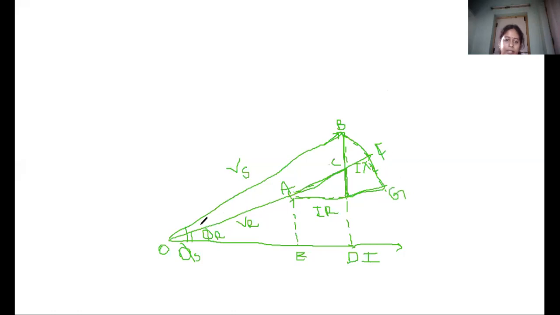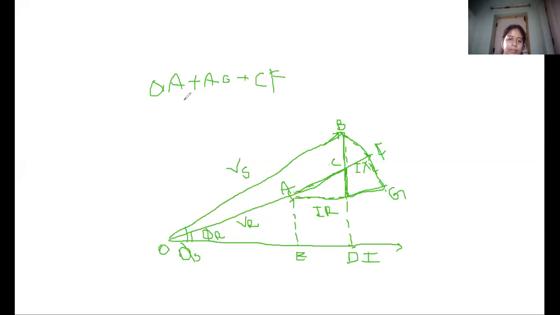Here Vs is nothing but OB, equal to OA plus AC plus CF. Okay, this is the expression.